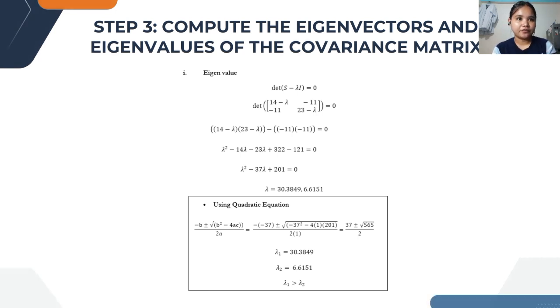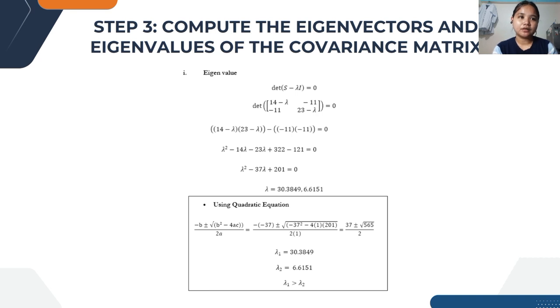A here is the covariance matrix, lambda represents the eigenvalue, and I is the identity matrix. To find the eigenvalues, we need to determine the values of lambda that make this equation true. The reason we use the determinant is that it allows us to solve for lambda, which are the solutions to this equation.